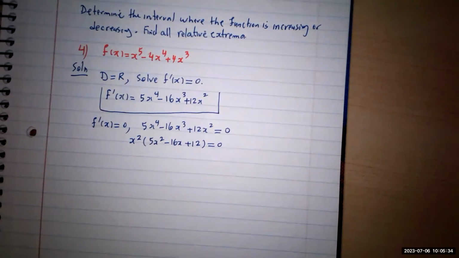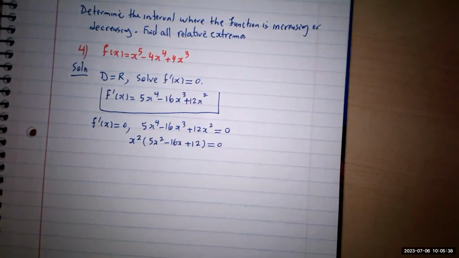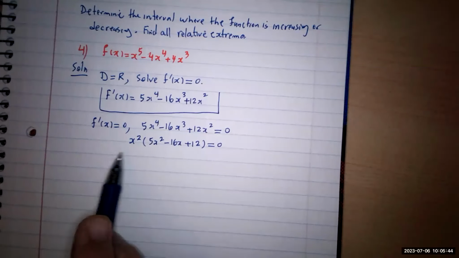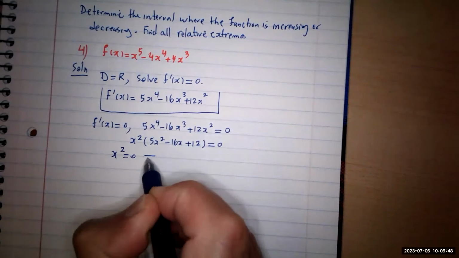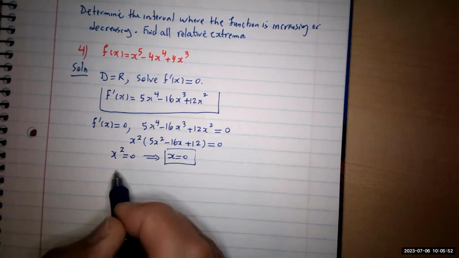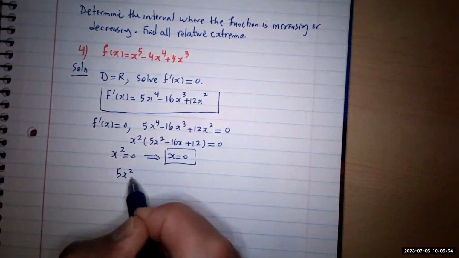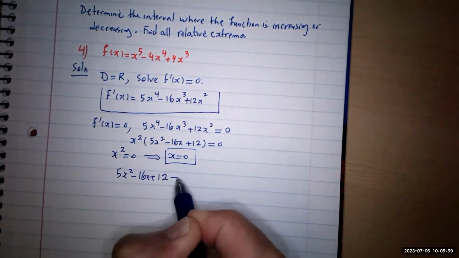Okay. So the inside one, you can use the quadratic formula, or you can factor it. So intentionally, I think I'll go with the quadratic to just show you that you may need it. So one of the solutions is clear so far, x squared equal to 0. So x would be 0. This is one solution, and for the other one, 5x squared minus 16x plus 12 equal to 0.